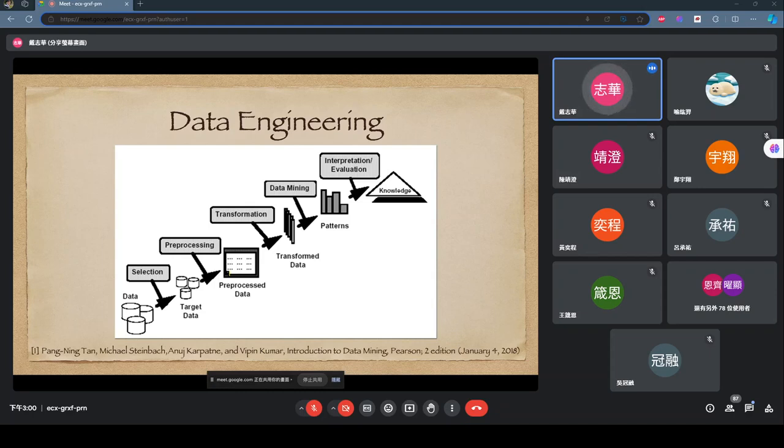So this course is just a beginning. But if you are interested in this field, don't hesitate. It's worth it.